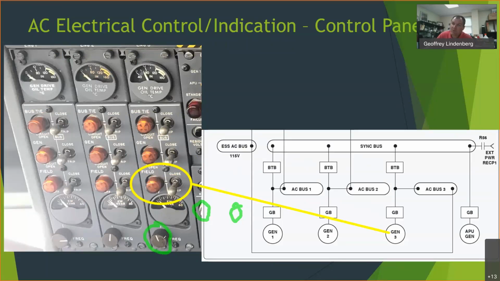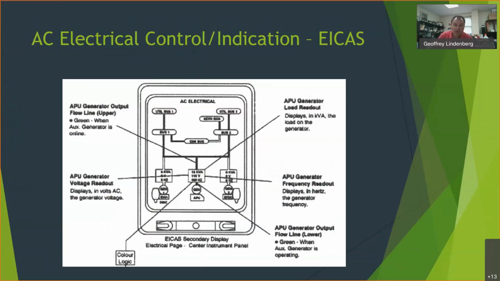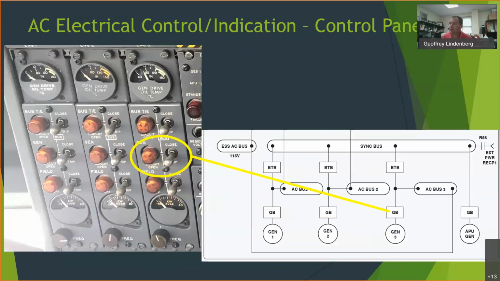And then once you've paralleled it, once you've gotten that frequency in phase, that AC power in phase with the sync bus, then we can close the generator breaker here and bring power up to the AC bus itself. Okay, and this works the same for generator 1, bus 1, generator 2, bus 2, and generator 3, bus 3. Okay. So I'm going to stop there.